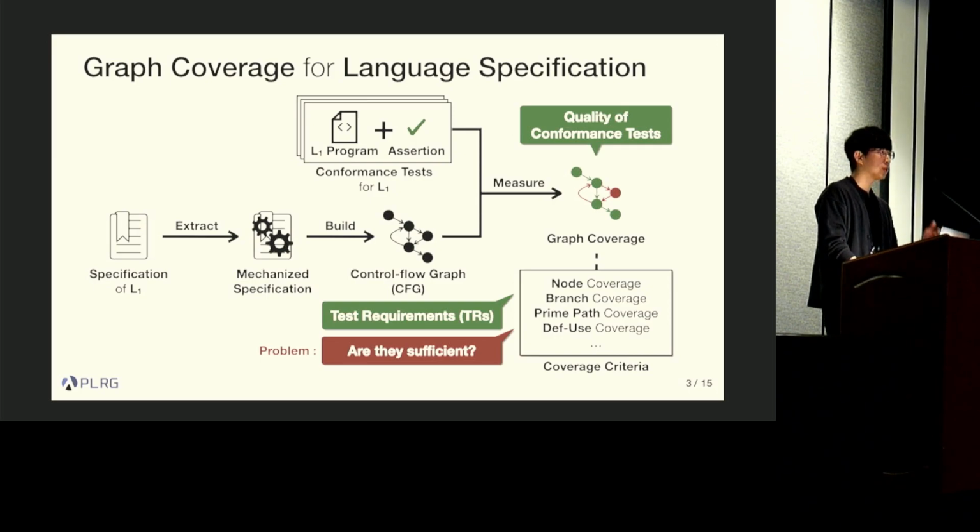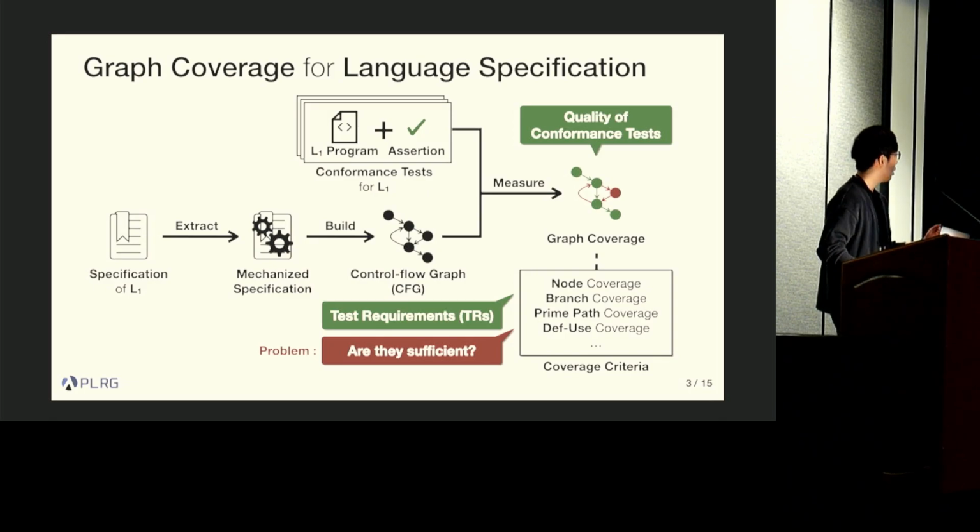I will use JavaScript as the target language. It is a dynamically typed language with complex semantics, so it is a good target because we need to check the conformance of JavaScript implementations. And it is not easy to understand even simple addition or subtraction operations.